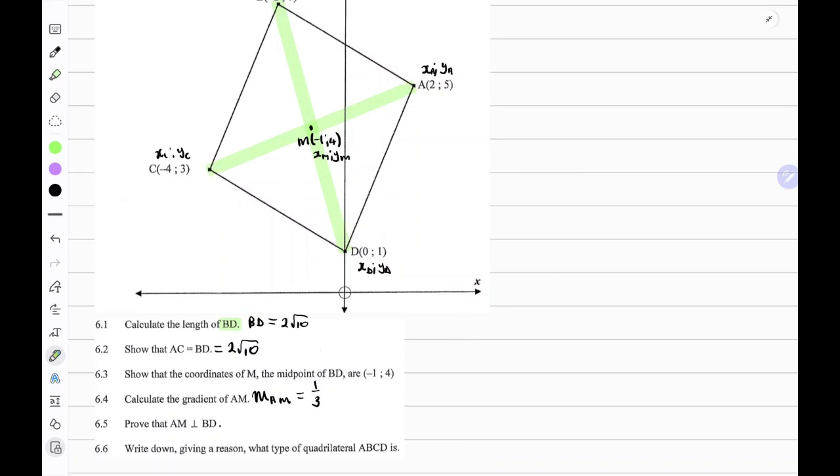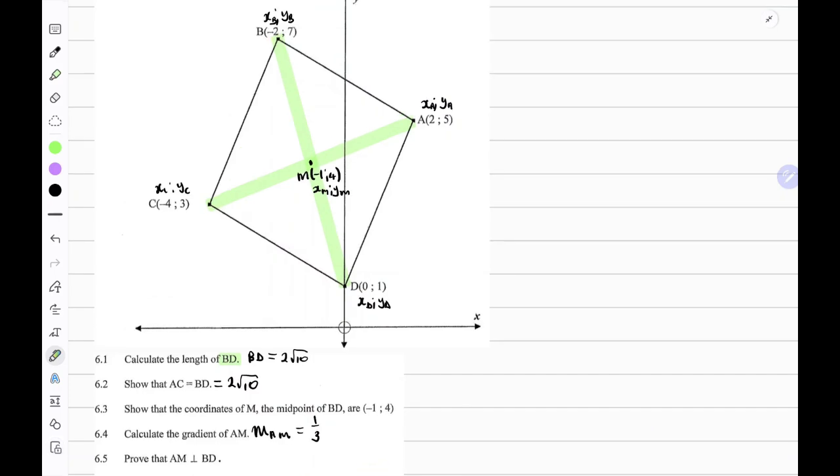And so the last question says, write down given reasons what type of quadrilateral ABCD is. So firstly, we saw that the length of the diagonals are equal in length. So this is the first property of a square. And we also learned that the diagonals bisect at 90 degrees.